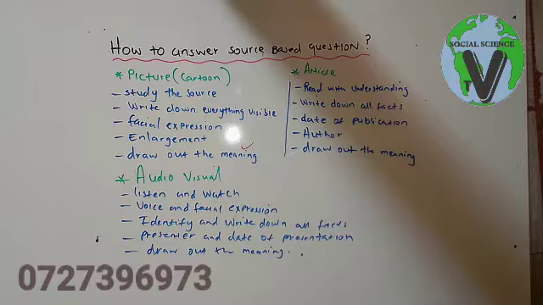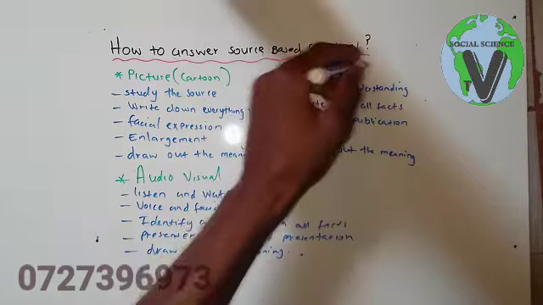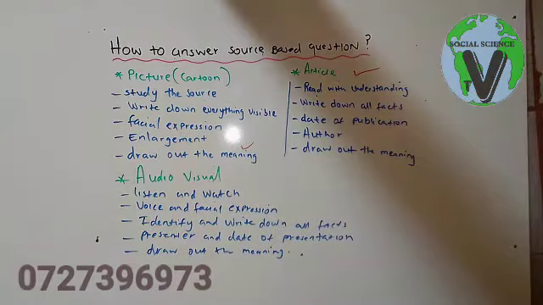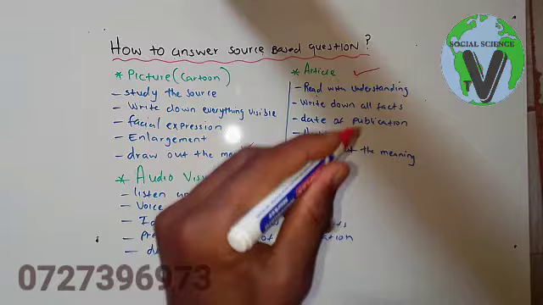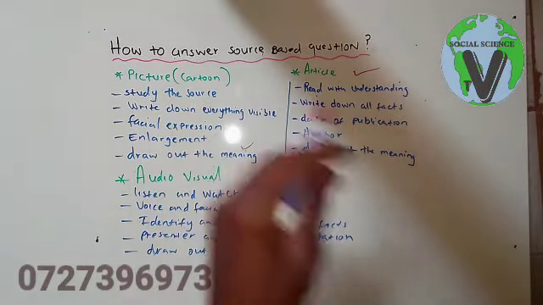And then an article. How to answer an article-based question. First of all, you read the article, you read with understanding. You underline and write down all the facts visible in the article.